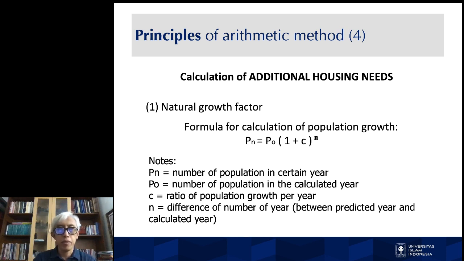What we have to calculate is the number of population in a certain year. For instance, in the next 10 years, in the year 2030, we need to know the number of current population, the ratio of population growth per year, and the difference in number of years. If we want to calculate the population in 2030, then the difference is 10.